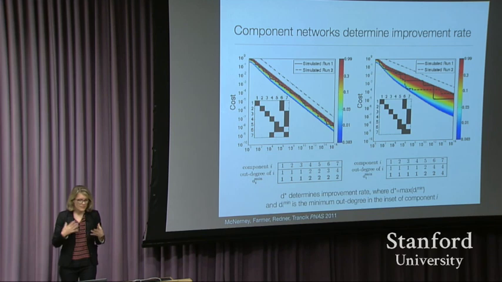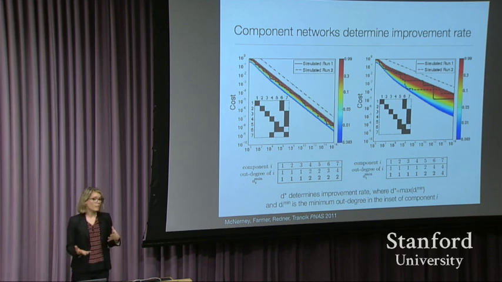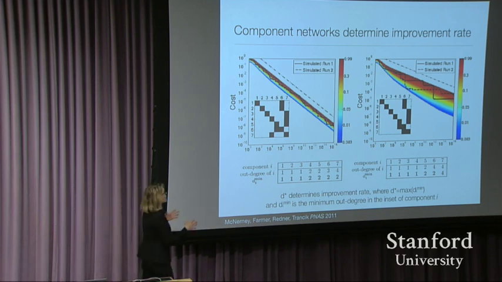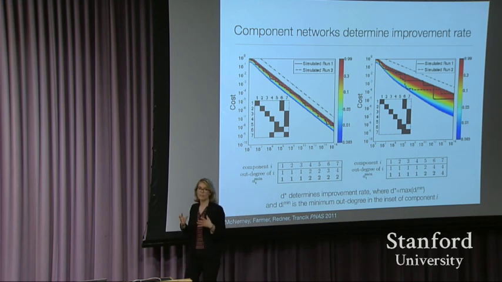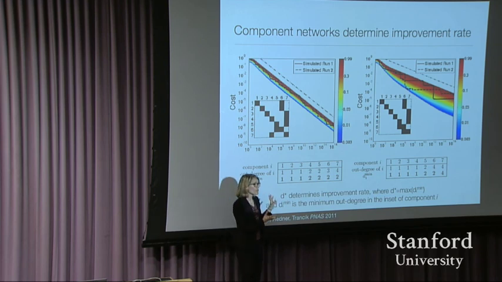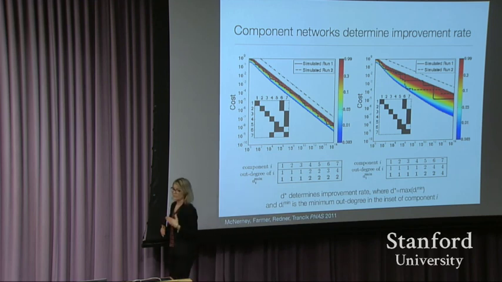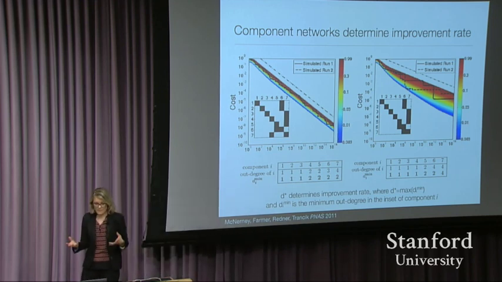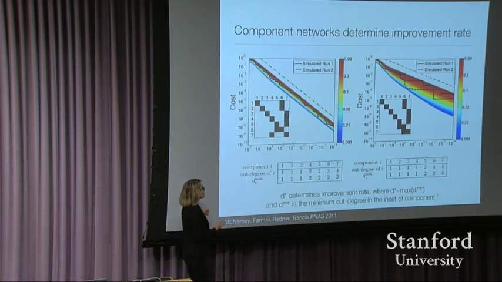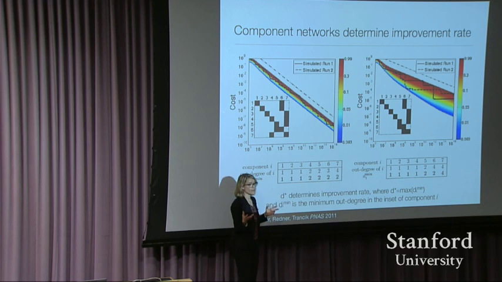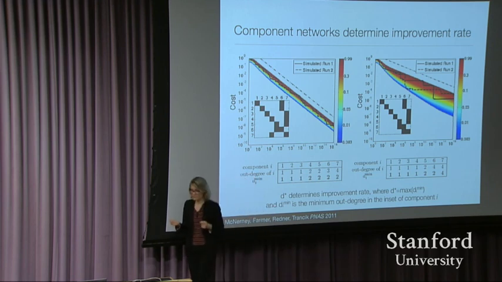So anyway, this gives us some sense that component networks in a technology might affect the rate of improvement. And if you want to design a technology or put your money into a technology, you might be well advised to choose one that has this more modular structure. And this model also gives us a testable theory and mechanistic model of where that Wright's curve model may be coming from, why we may see that functional form.